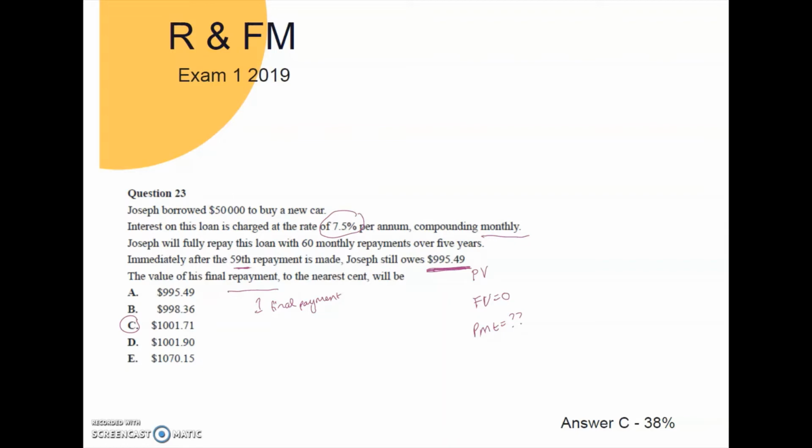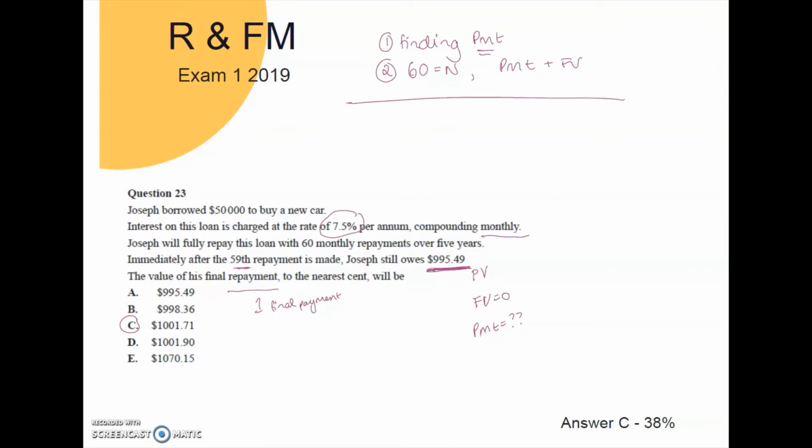As I said, we do have the option of firstly putting in the info we know and finding our regular payments, so find PMT, and then saying, well, if I'm making these payments, what does he still owe when N is 60, doing my regular payment plus my future value. I would do that if there was a bigger question where I needed that payment value for some other reason. Okay.